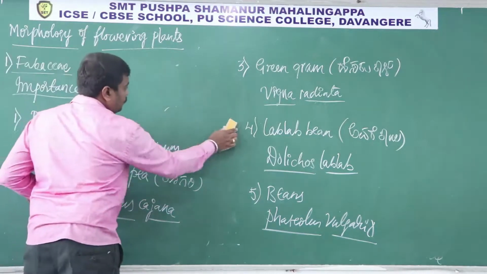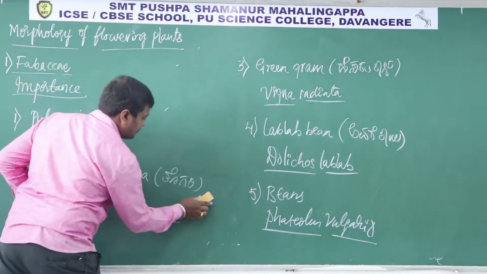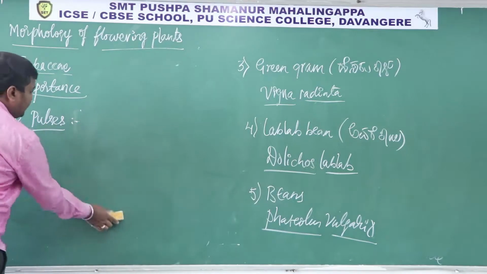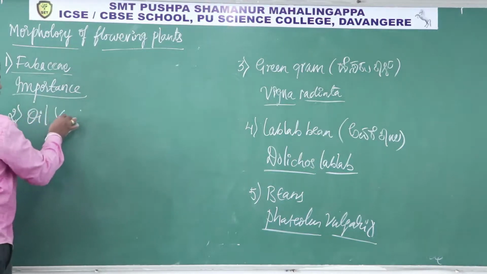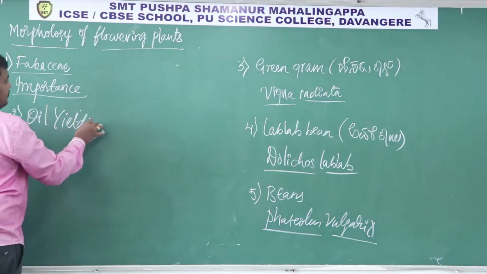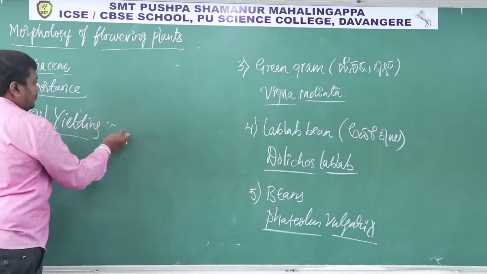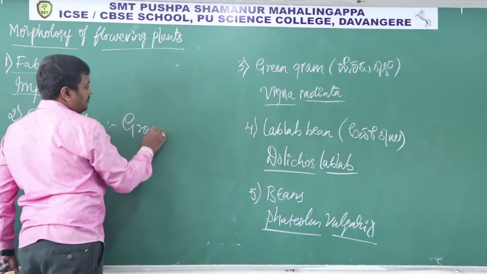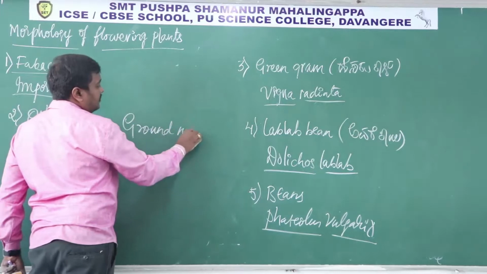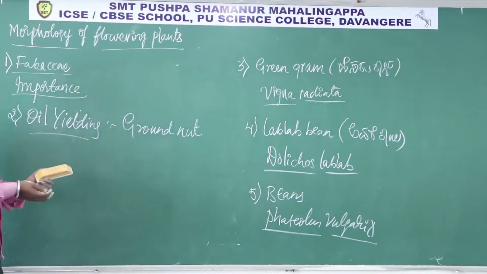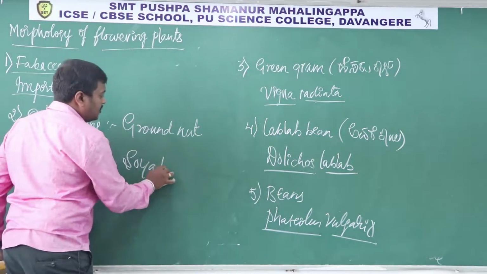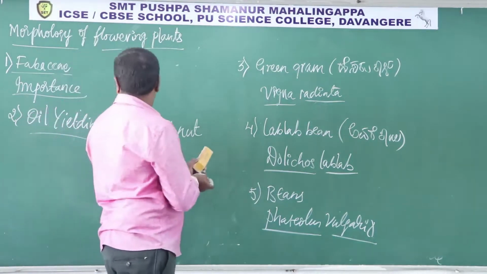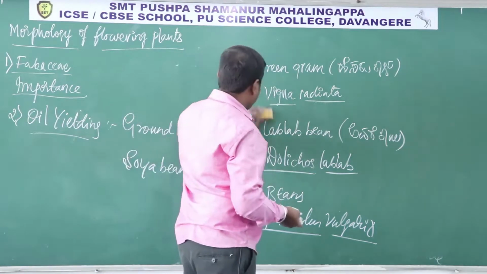Then come to oil yielding plants. So next, oil yielding. Okay, so that is groundnut. Okay, so groundnut and soya bean. So these are the two oil yielding plants from this family Fabaceae.